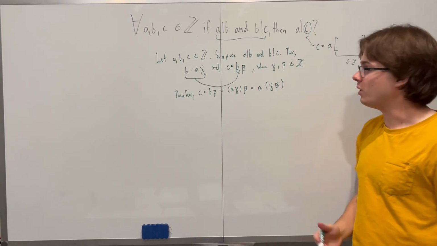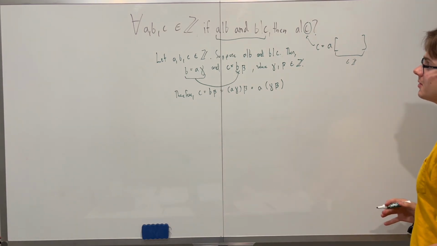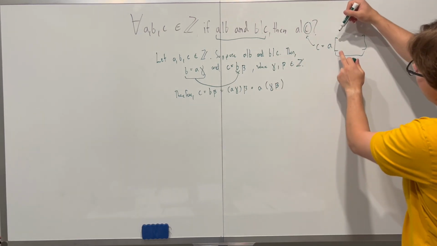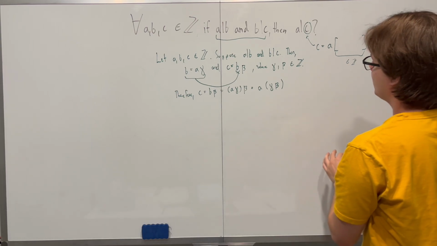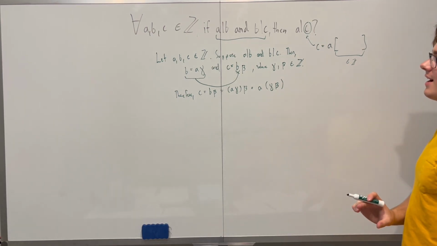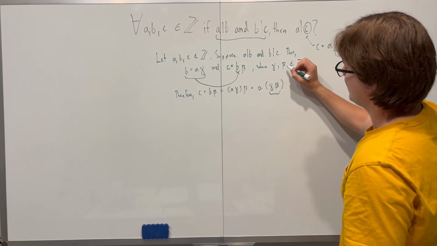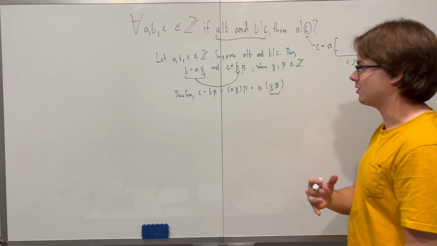And there we go. We've now shown that C can be written as a multiple of A because C can be written as A multiplied by something in brackets, whether they're square or round, it does not matter. And whatever's inside of these brackets is an integer because you have to recognize that because gamma and beta are integers, any two integers, the product of them is still going to be an integer.